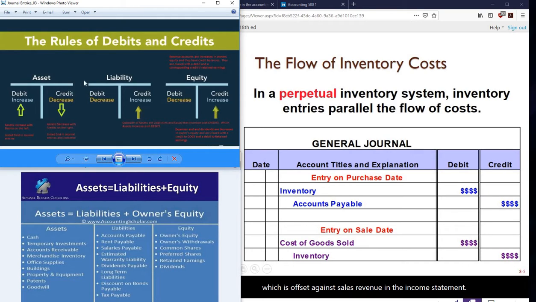Now, because this equation has to always balance, since I debited this side of the equation, remember there's an equal sign here. Now inventory is not going to be a liability. It's an asset, but it also falls into one of these two categories that make it balance out. So on the equity side, we purchased the inventory.